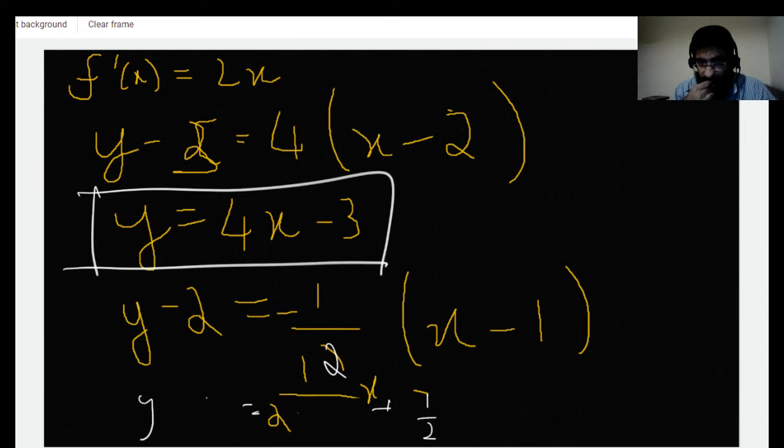So you're lying to me. And then answer plus 2 is 1 by 2. You're skipping steps. 1 by 2 into minus 1 is 1 by 2. It's not 3 by 2, it's 1 by 2. Now just hold. You add 2, it becomes 5 by 2.